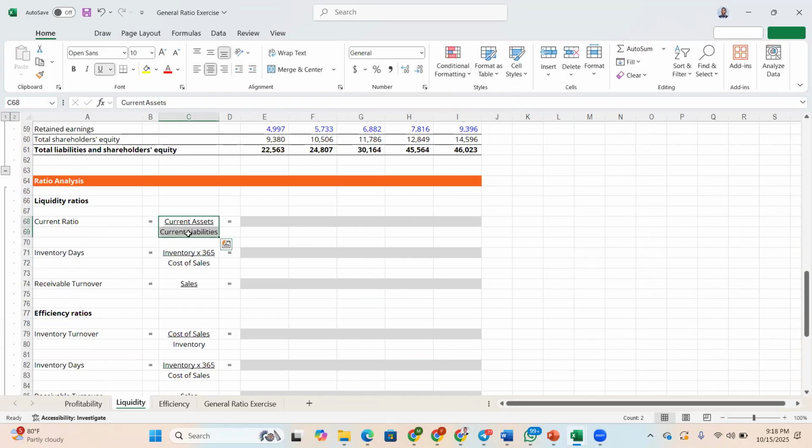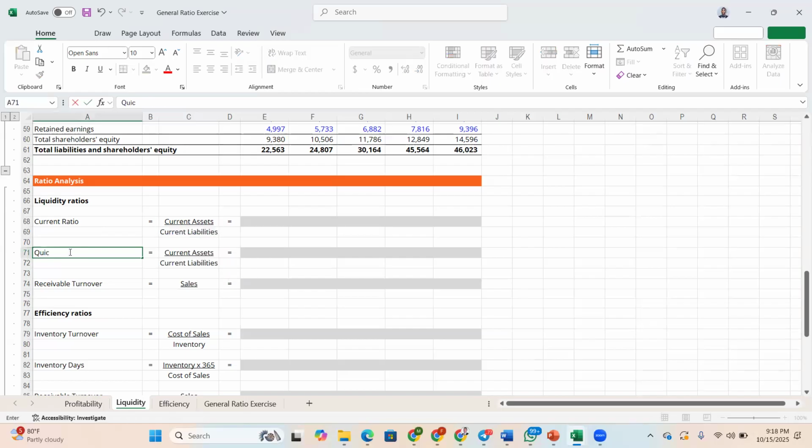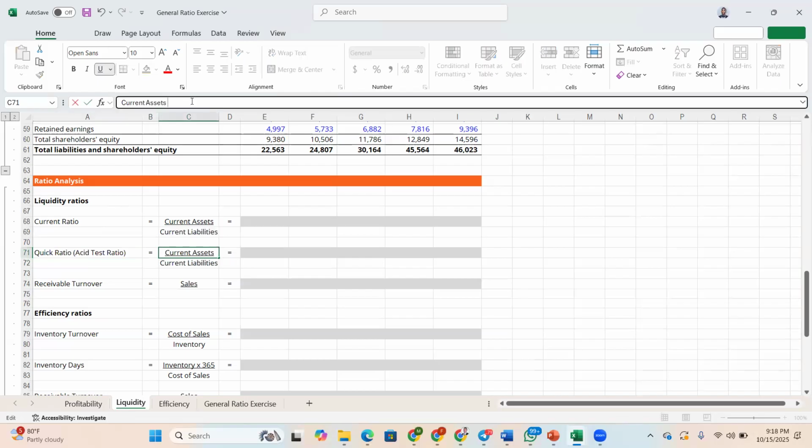Now, we have the quick ratio, which is also called the acid test ratio, and is current assets minus inventory.